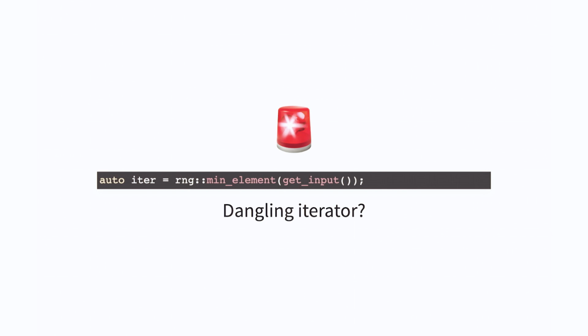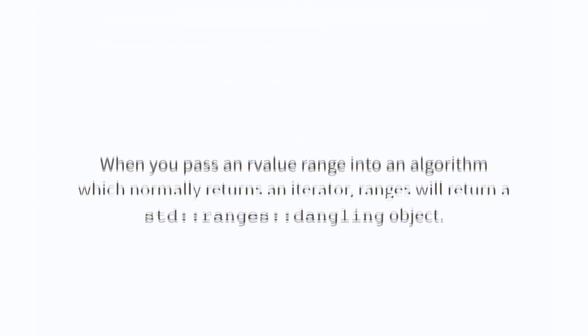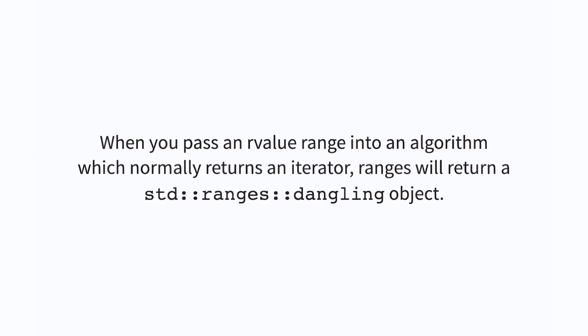Because what ranges does is when you have an algorithm that would ordinarily return an iterator, when you pass an R-value range in, as we're doing on the screen, the return type of that algorithm is adjusted so that instead of returning an iterator, it returns an object of this special type, standard ranges dangling. Okay? So if you pass an L value range in, you get an iterator out. If you pass an R value range in, you get one of these ranges dangling objects out.